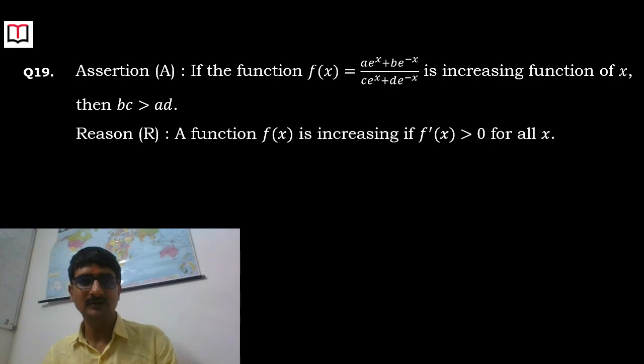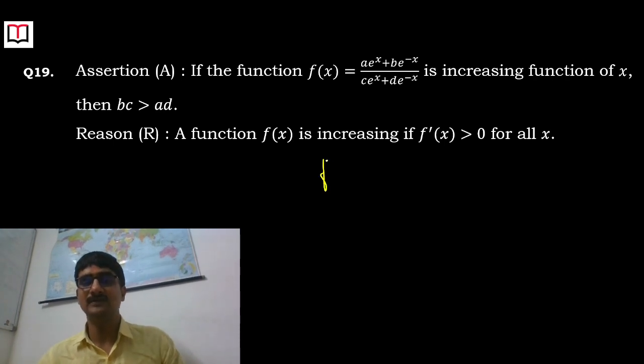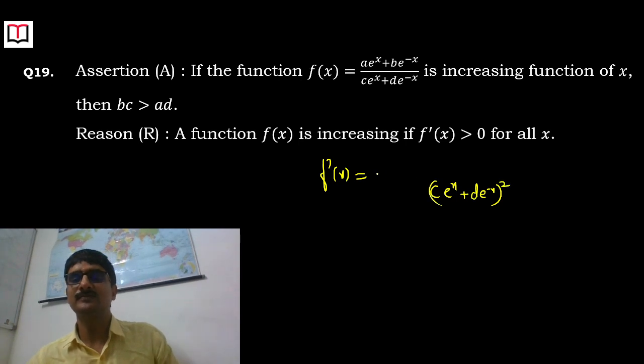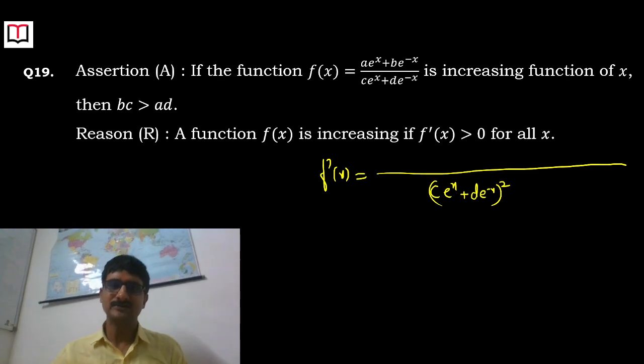Assertion and reason. Okay, we know if the function is an increasing function, then BC is greater than AD. See, that we need to check by taking the derivative. So the derivative is the numerator over (c e raised power x plus d e raised power minus x) whole square. Denominator has no role to play, because that's always a square and it's positive.